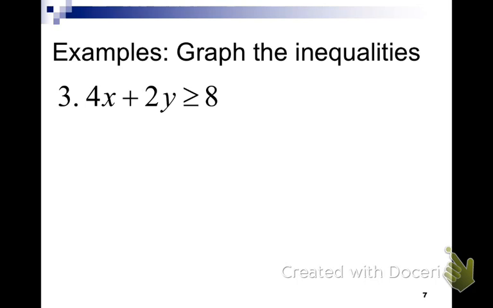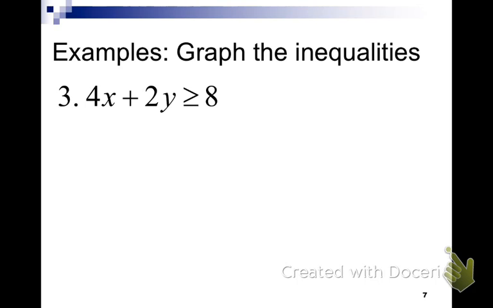Now, whenever we get into actual values with graphing an inequality and we have x and y together, so it's not just a horizontal or a vertical line, like 4x plus 2y is greater than or equal to 8, I need to get this into y equals mx plus b form.